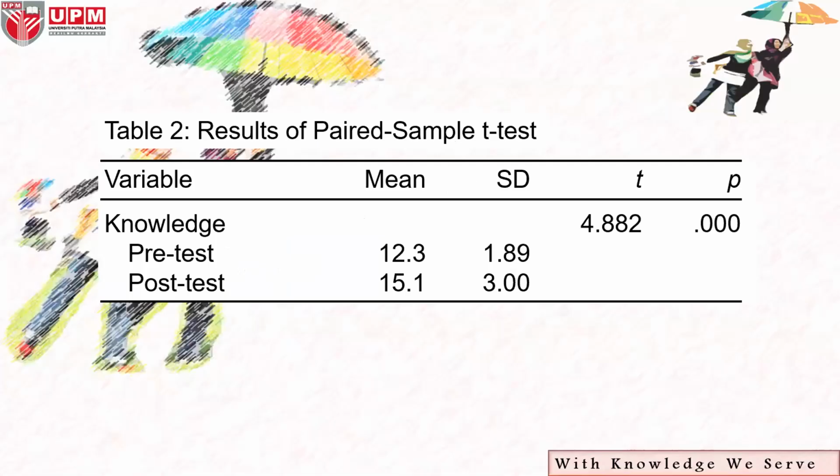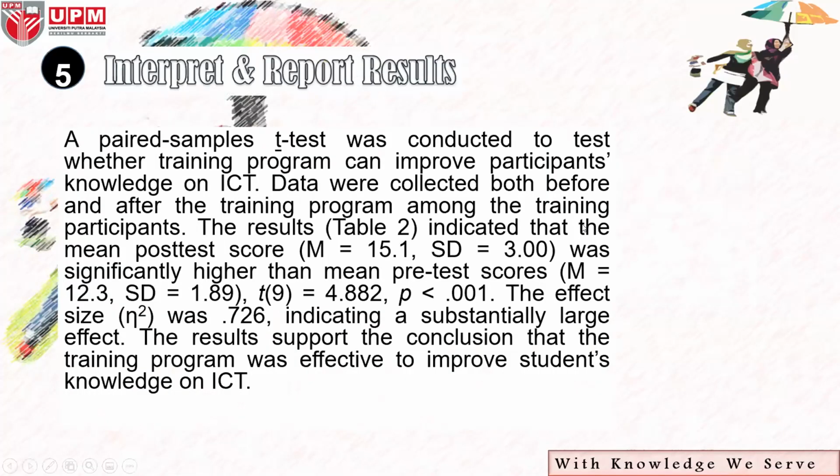So this is how to report the paired sample t-test. This is the APA table: variable, mean, standard deviation, t, and significant value. You need to report the pre-test and post-test. And then this is how to interpret and report the results. For example, a paired sample t-test was conducted to test whether a training program can improve participant knowledge on ICT.